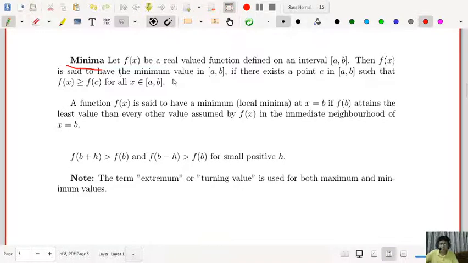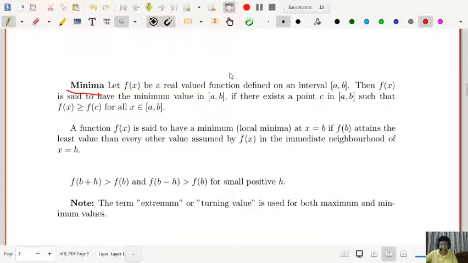Similarly, let f(x) be a real valued function defined on a closed interval [a, b]. Again the same function, f from [a, b] to R, a real valued function defined on the closed interval [a, b].